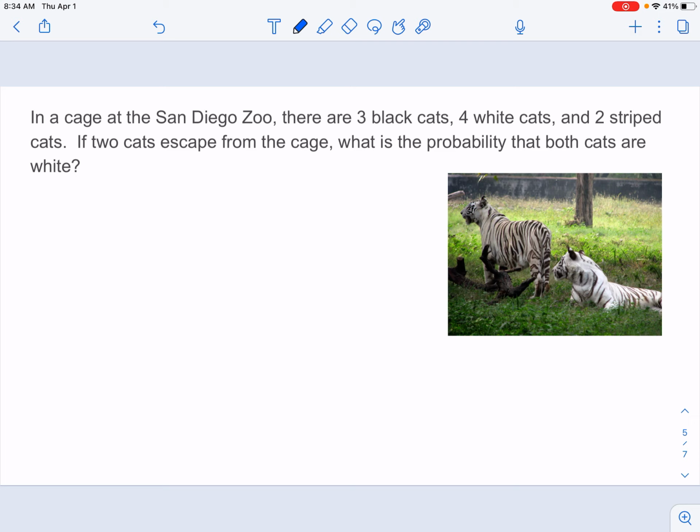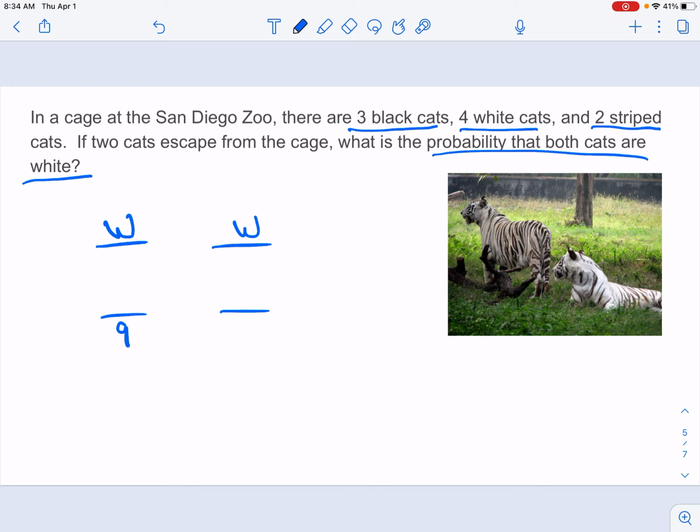Here it says, in a cage at the San Diego Zoo, there are 3 black cats, 4 white cats, and 2 striped cats. If 2 cats escape from the cage, what is the probability that both cats are white? So we have to do white and then white. Total, there's 3 plus 4 plus 2, so there's 9 cats total.